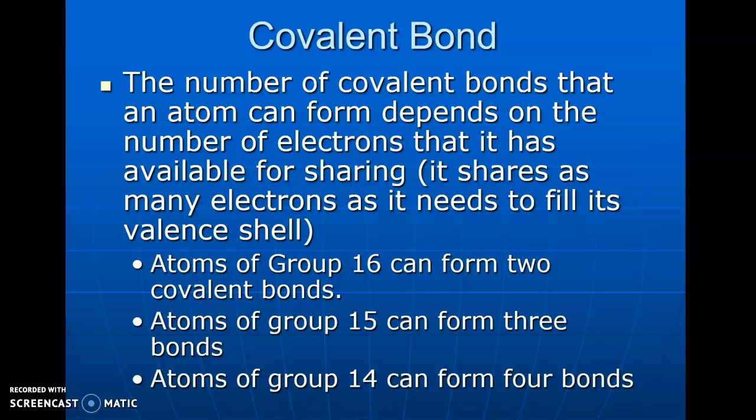They're doing that by sharing, but it is 3 bonds required to make that happen. And then group 14, carbon's group, that we've kind of ignored to this point, they have only 4 valence electrons. If they use their 4 electrons and share with other atoms, they will form 4 covalent bonds in order to complete their valence shell.